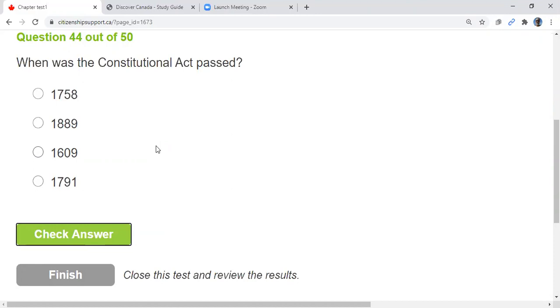Yes. When was the Constitution Act passed? When is it passed? This is like when the Constitution is passing. Is that 90?